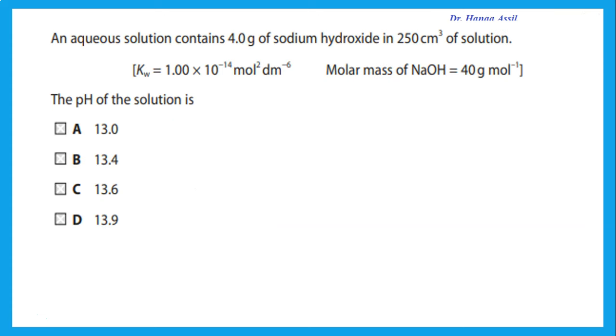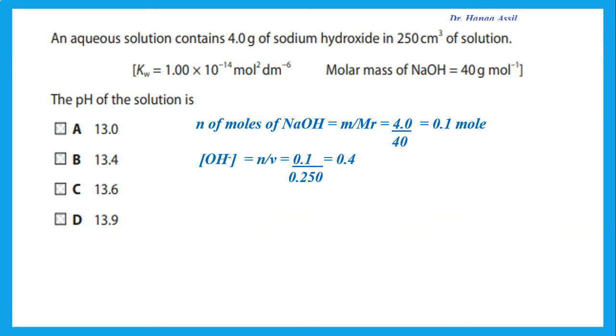An aqueous solution contains 4 grams of sodium hydroxide in 250 centimeter cubed solution. What is the pH of the solution? Well, we should get number of moles first, mass over molecular mass, and then we want the concentration, and we said concentration of sodium hydroxide is the same as concentration of OH minus.